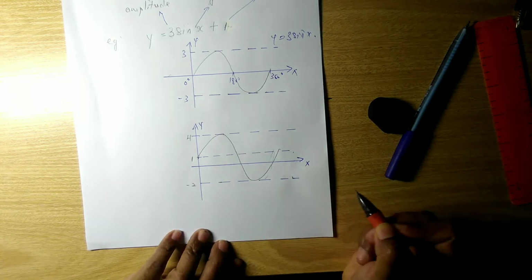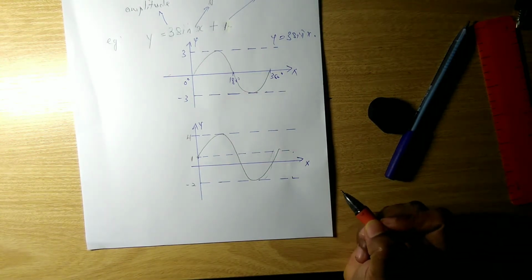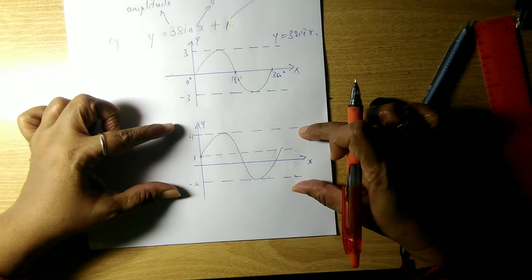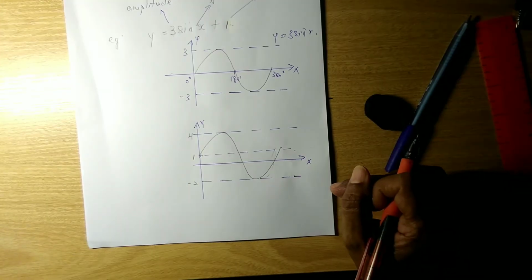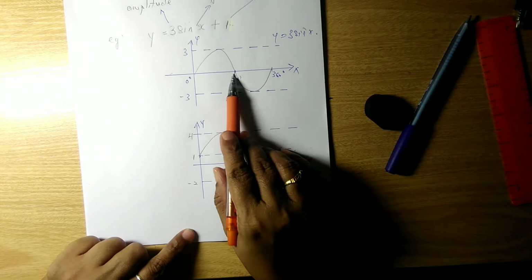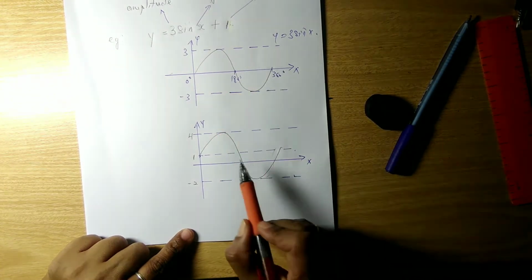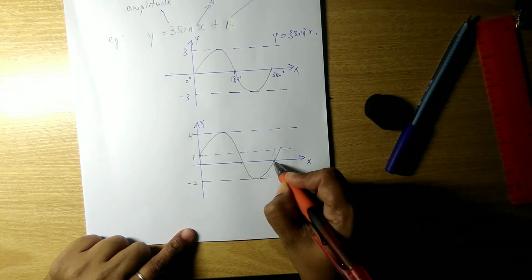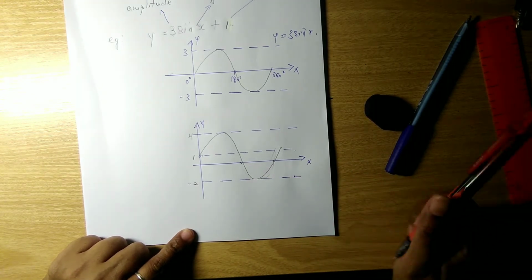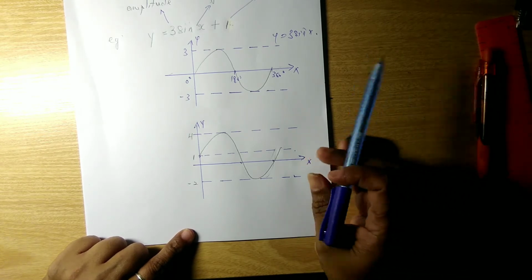The values get shifted up 1 unit. That means your intersections are no longer at the original points; the intersections are here and here. So what you can do is find your intercepts.